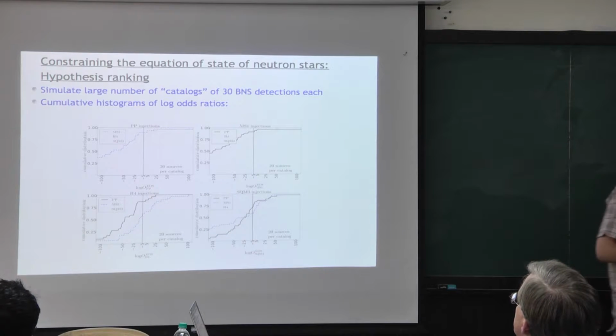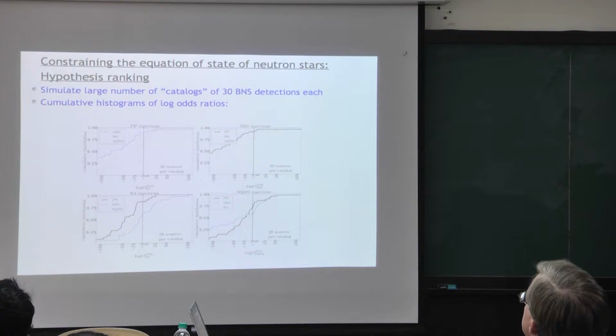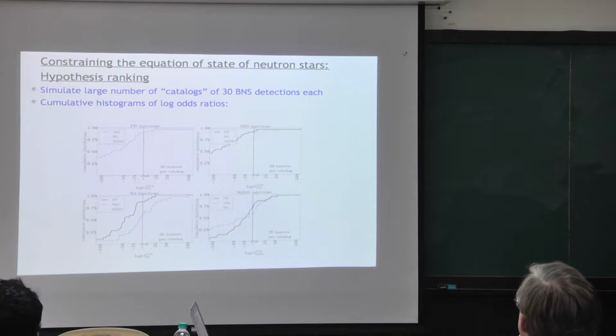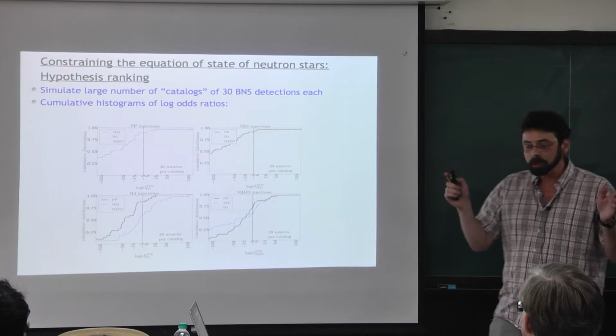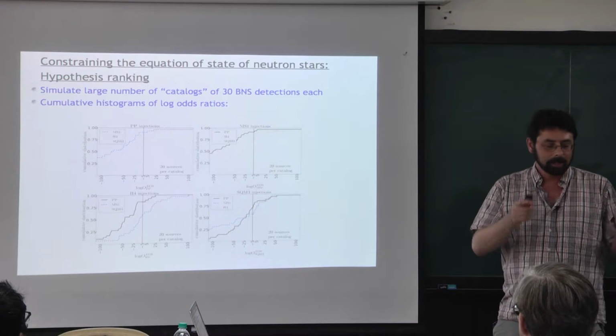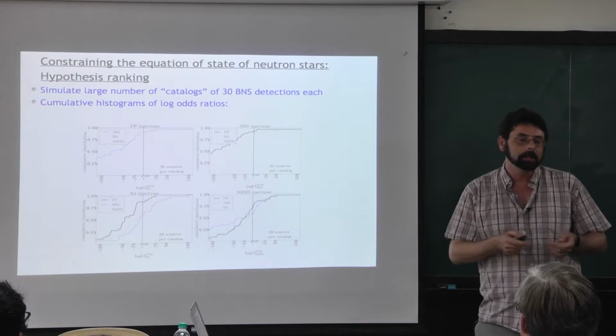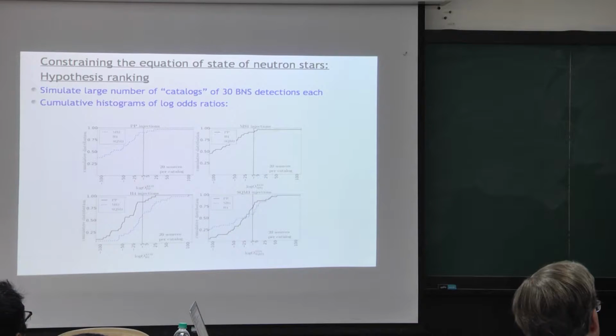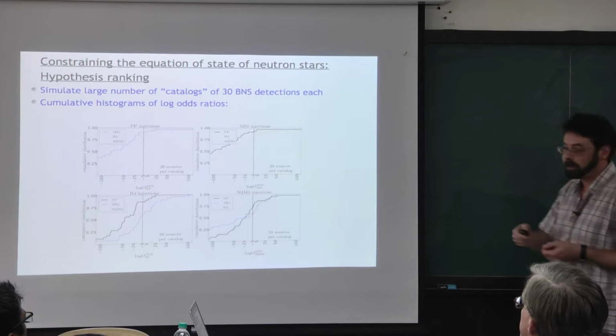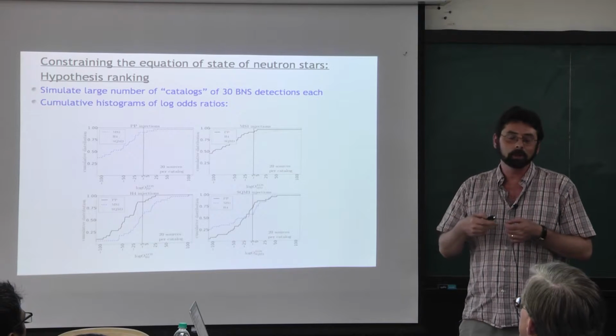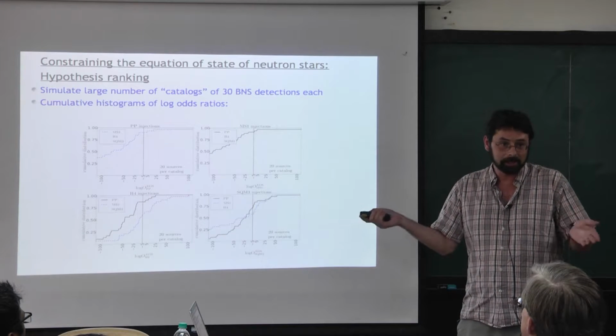We put an enormous number of simulated signals into the data, and we do our data analysis magic, and then we randomly bunch the results in sets of 30. The idea being that maybe nature, during the duration of the advanced detector project, will only ever give us 30 detections, okay?